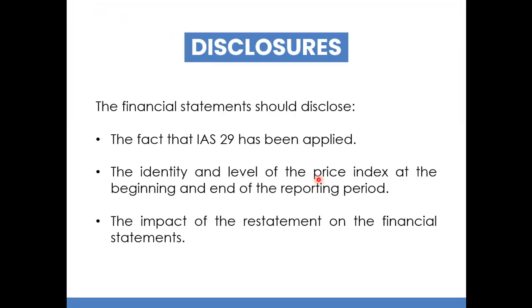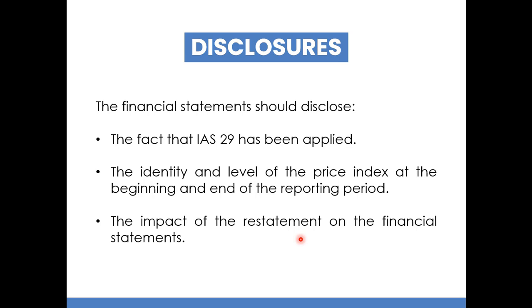So some disclosures are required when IAS 29 is applied. The fact that IAS 29 has been applied should be disclosed in the notes to the financial statements. The identity and level of the price index at the beginning and end of the reporting period, and the impact of the restatement on the financial statements, should also be disclosed in the notes.